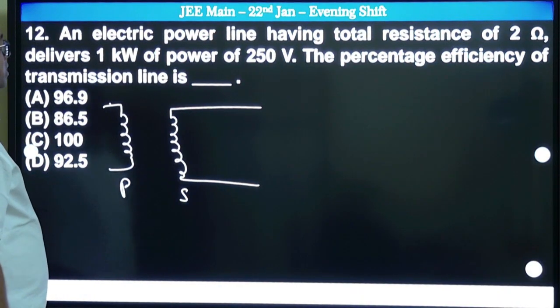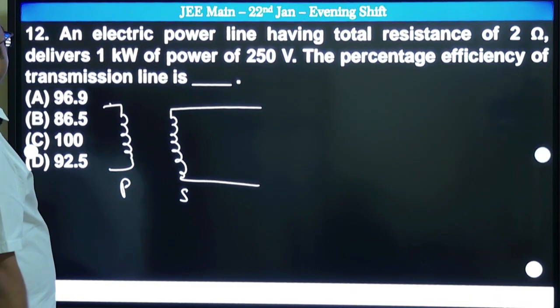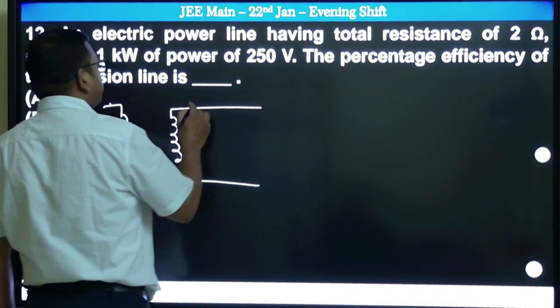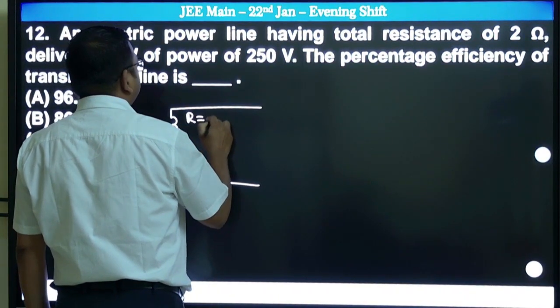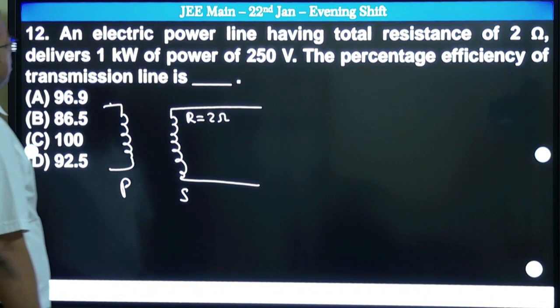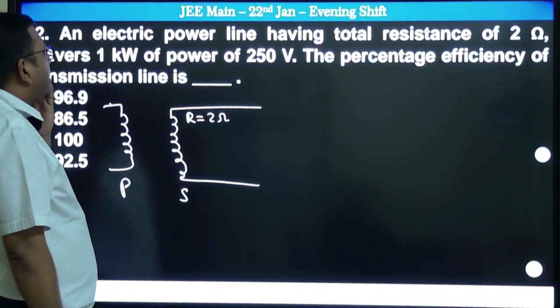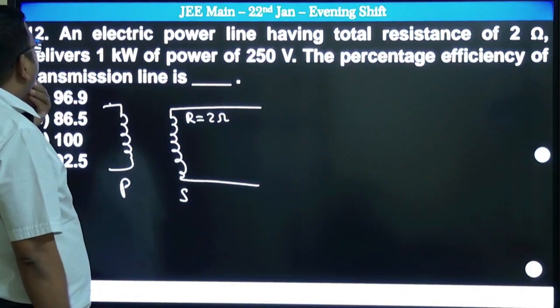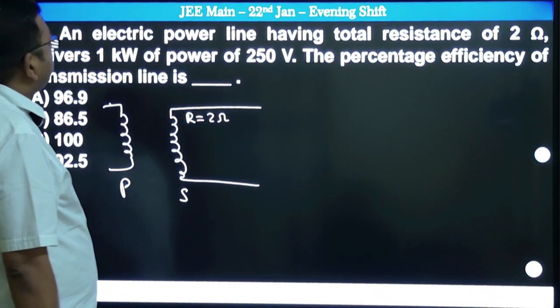So some resistance is there. This line has a resistance of 2 ohm, and it delivers 1 kilowatt power at 250 volt.